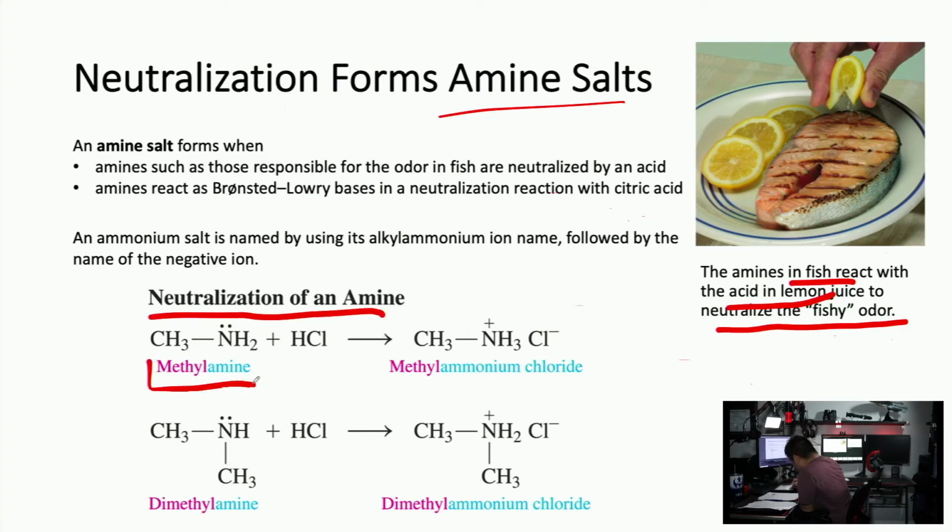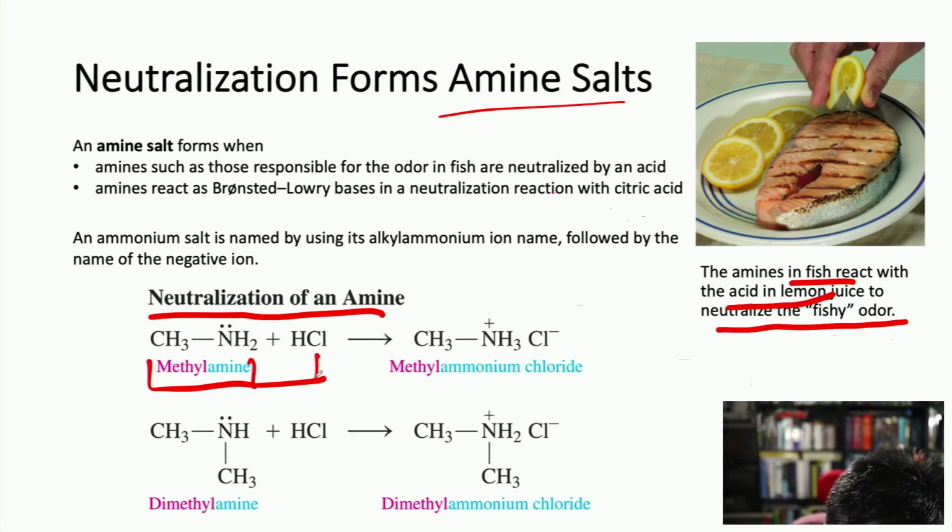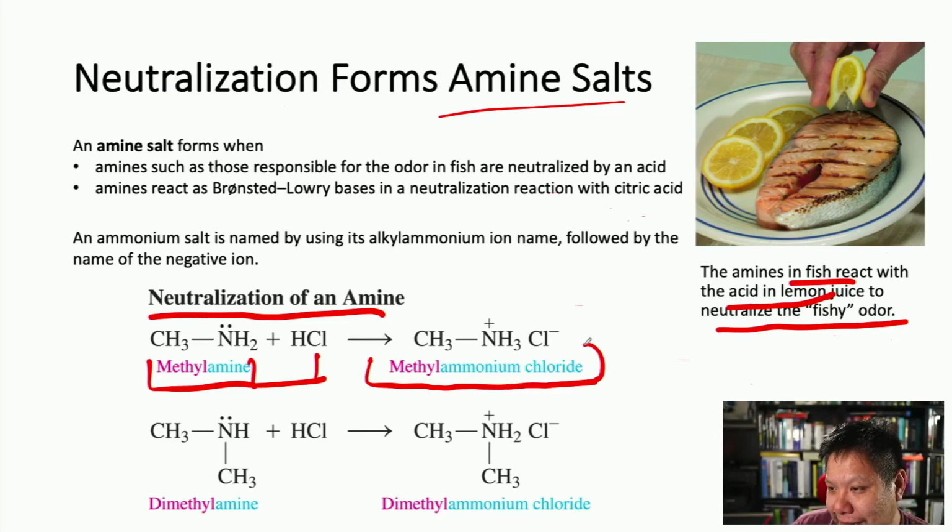So let's neutralize an amine. We have methylamine here. We're going to add some hydrochloric acid, and what we get out of that is methylammonium chloride, which is the amine salt.